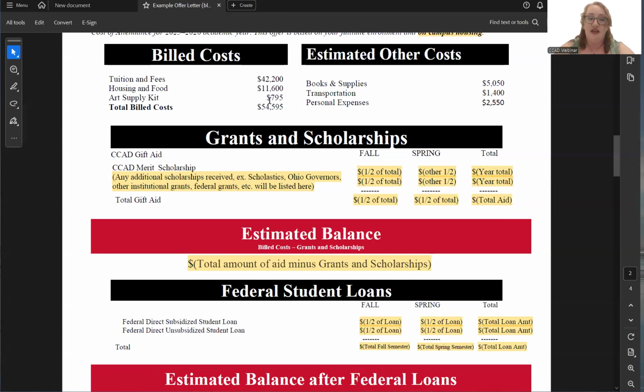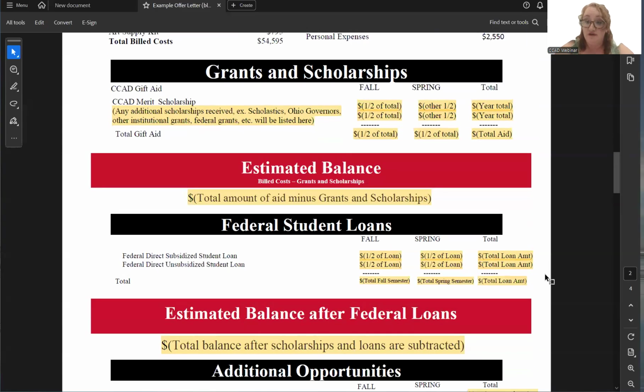Now, if you take this total build cost and you subtract the amount of grants and scholarships that you've received, that is where you're going to get the estimated balance left over that you will owe. Total amount of aid minus grants and scholarships.